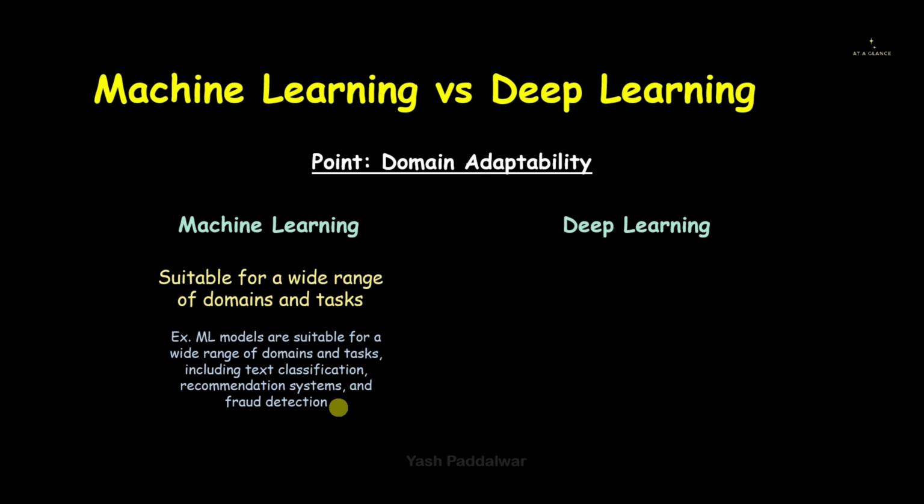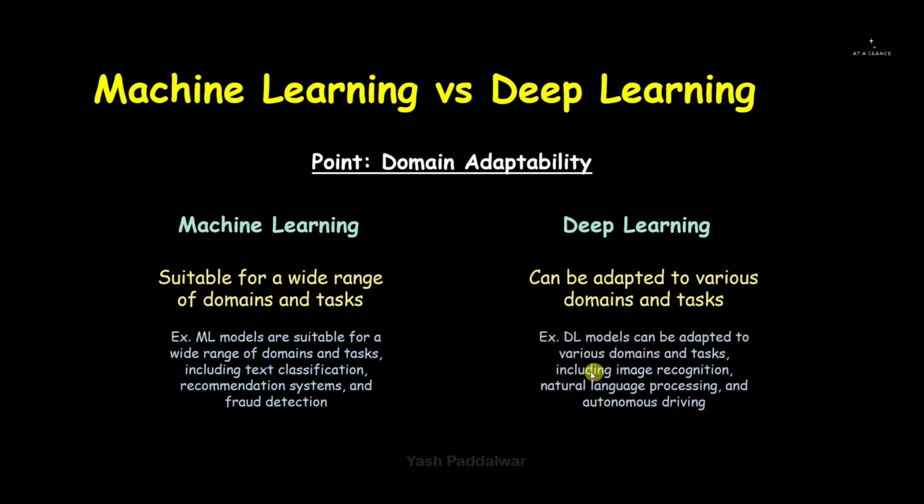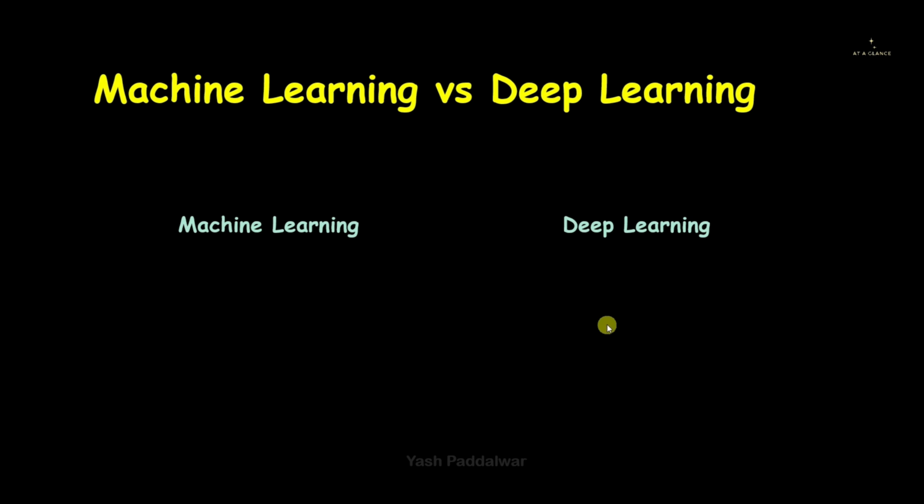Now, deep learning almost covers every single domain. It can be adapted to various domains and tasks. For example, DL models are adapted for image recognition, natural language processing, and autonomous driving. So you can see that on complex domains also, deep learning works the best. I hope this point of domain adaptability and the difference between machine learning and deep learning is clear to you all.